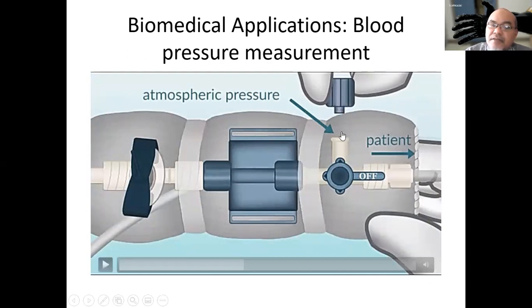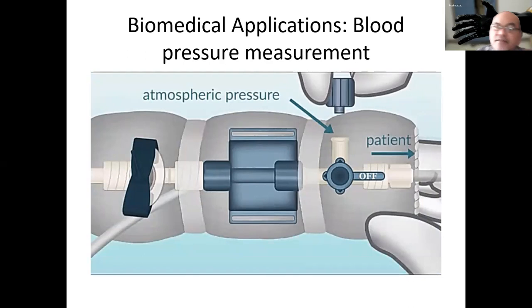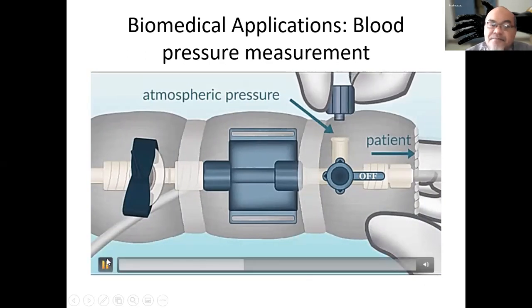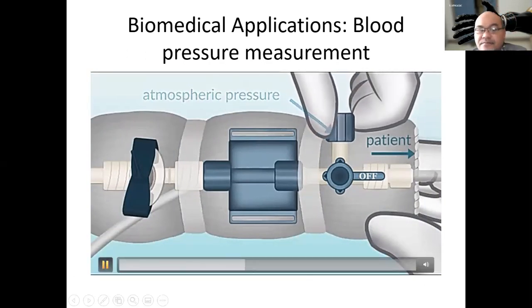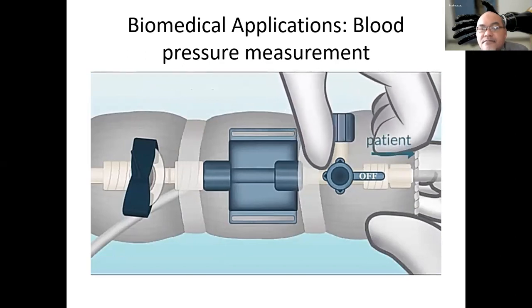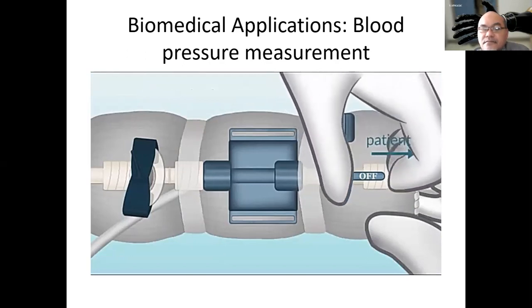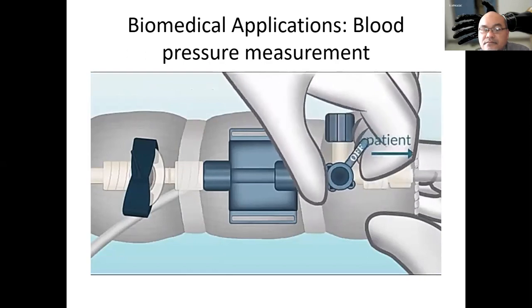So the pressure at this transducer, where there is a membrane, is the same as the atmospheric pressure. This is what we call zeroing this transducer. That's the circumstance under which we zero a transducer. That tells the transducer to discount any other pressure except the atmospheric pressure in the room.